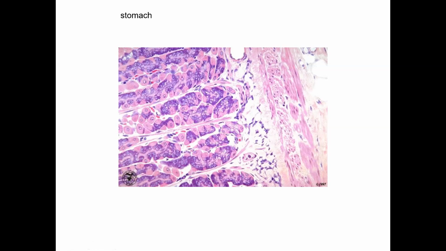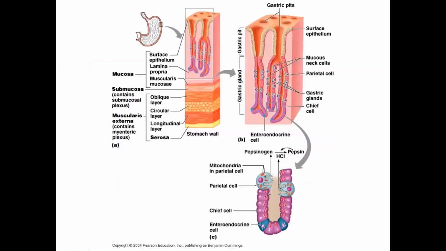I'm not going to ask you to distinguish these cells from a histology picture. If I ask about specific cells, I will use a picture like this to ask you to identify the type of cell and also identify the function of each type of cell.